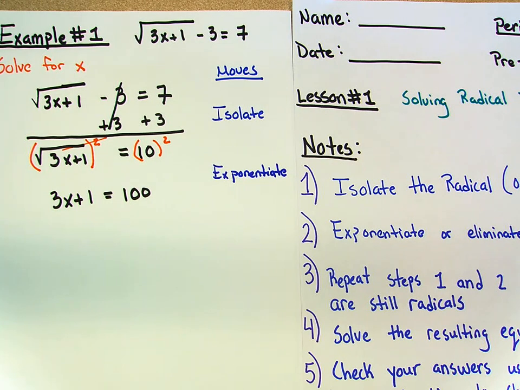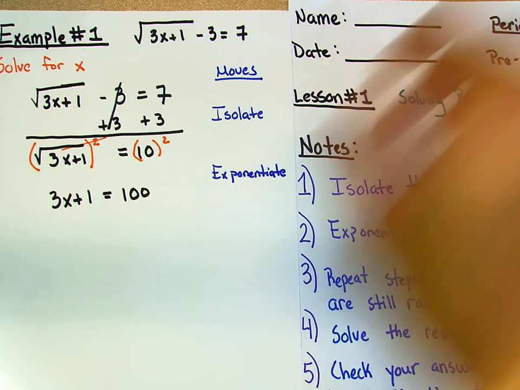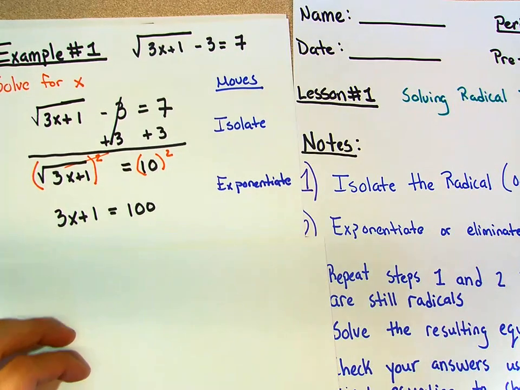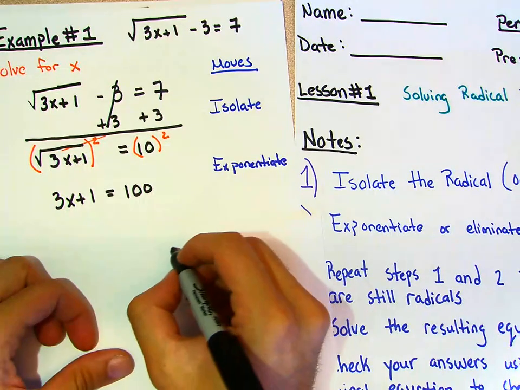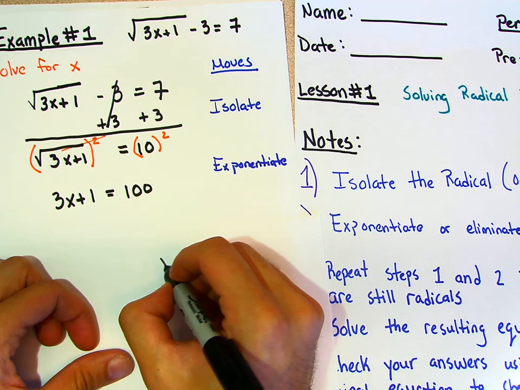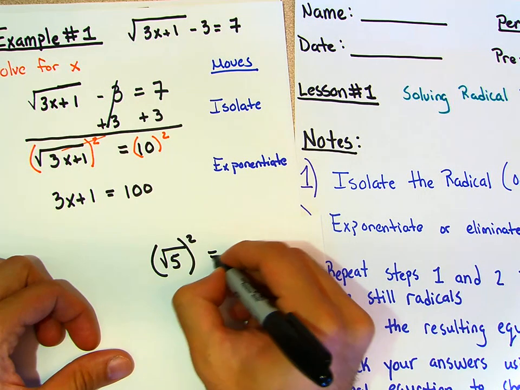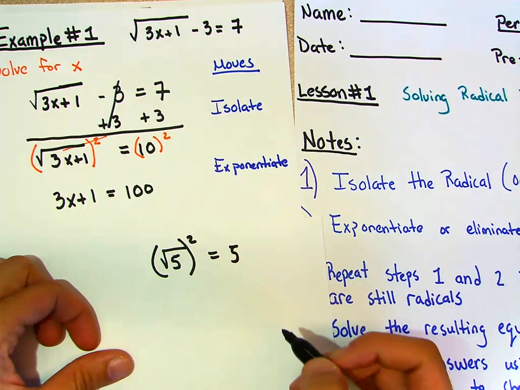And just a little reminder. Hold on, let me get some paper over here real quick. Why is it, for example, if I have square root of 5 and I square it, why does it equal 5? Why does it cancel out the radical?